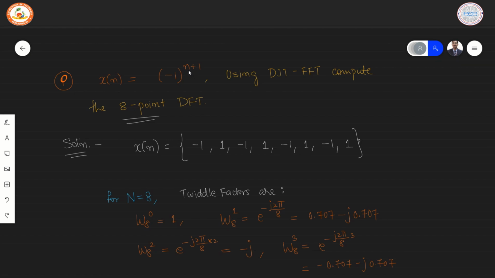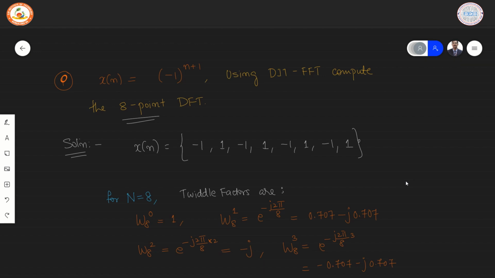Similarly, when n is odd, the sum n plus 1 becomes even, and that yields a value which is plus 1. Hence, we have alternating minus 1 and plus 1. So, in the problem, whenever an expression is given like sine, cosine, or equations like this, students, you have to evaluate the expression and compute the value for the respective points.